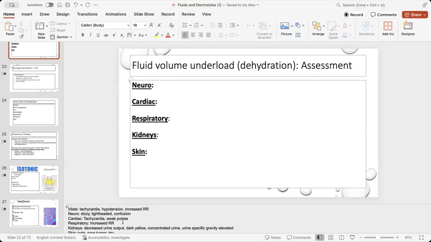Both. It's elevated with dehydration, but decreased with hemorrhage. Oh, yeah. Right? So if it's not hemorrhaging and then it's equal concentration and not. Yes.